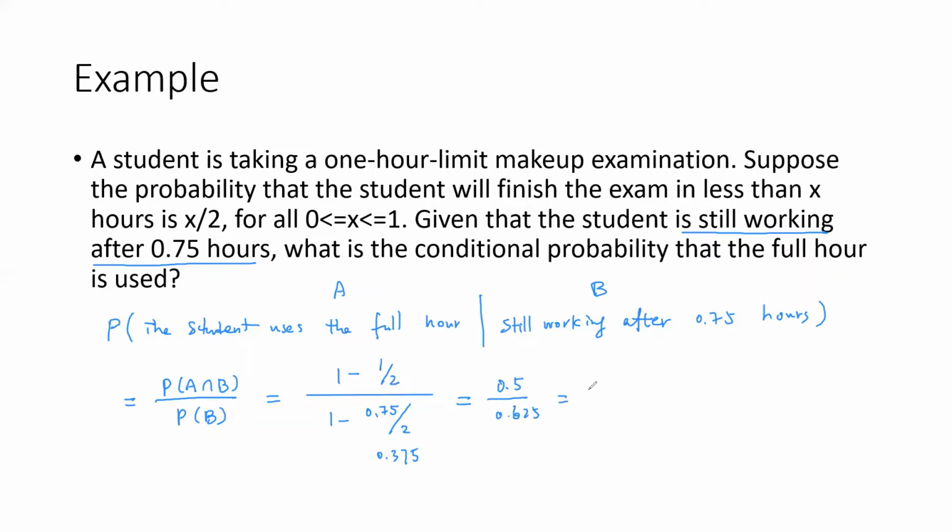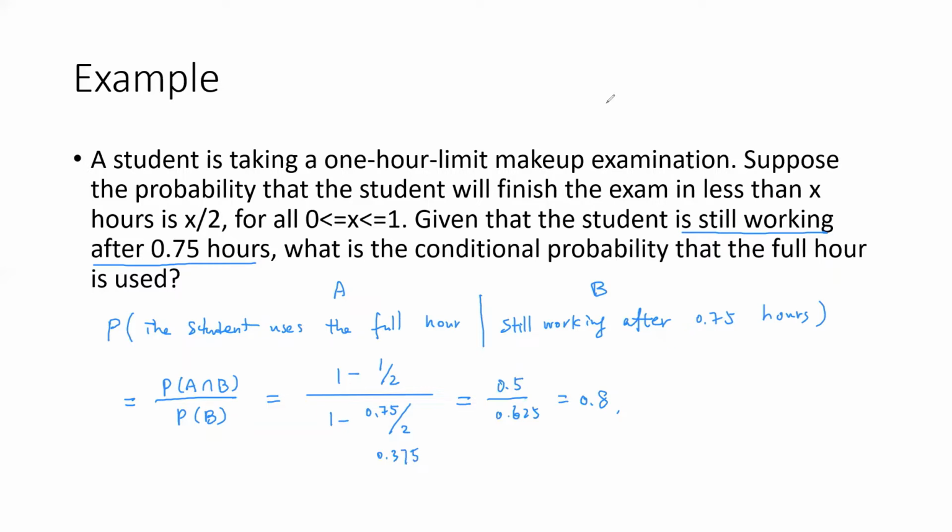That is about 0.125. 0.1 divided by that, 0.8. Okay, so that's the conditional probability. So if we know that the student is still working after 3/4 of an hour, it's very likely that the student would not finish the exam on time.